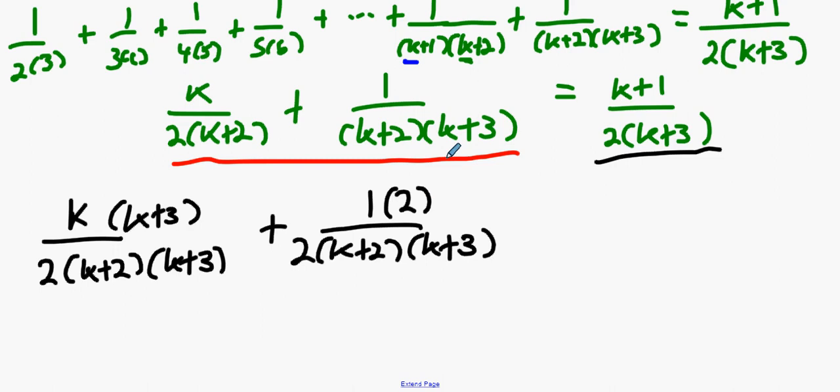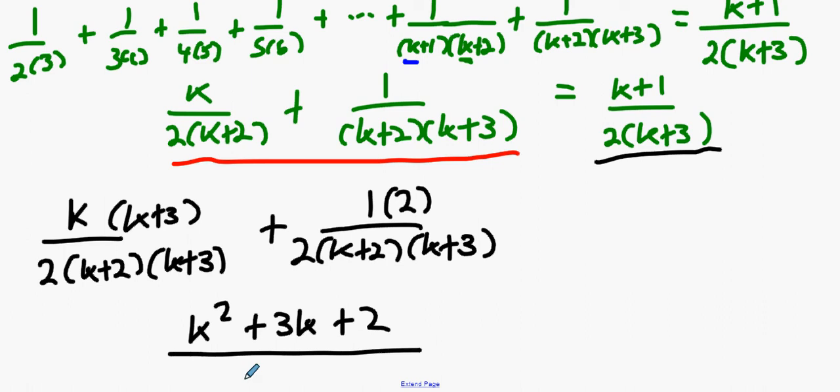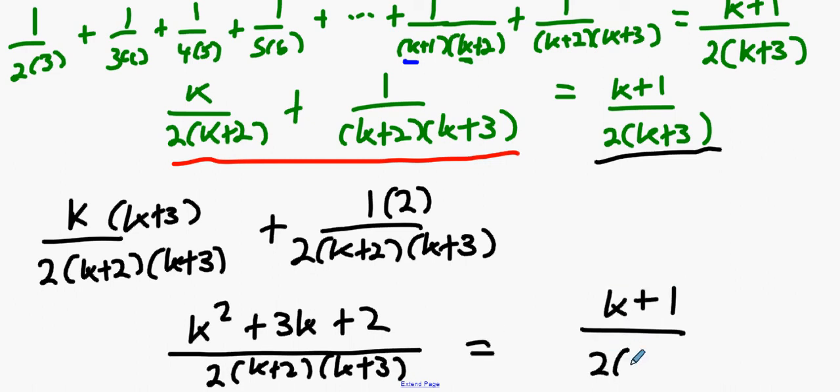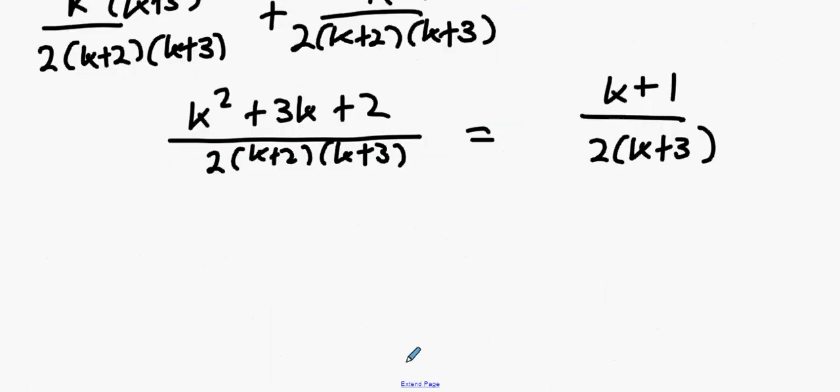Okay? So I'm going to get k squared. I'm going to get 3k. And I'm going to get 2. And that's all going to be over 2 into k plus 2 into k plus 3. That equals k plus 1 into 2 times k plus 3. Now, I'm looking and comparing, and do you know what I think is going to go missing? When we factorise the red part, what do you think happens?